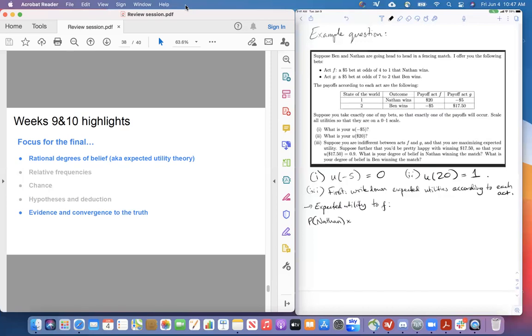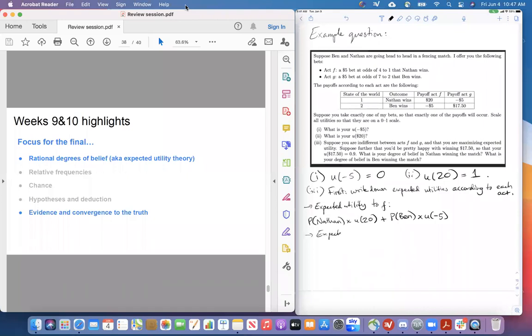That corresponds to you winning $20, so times U of 20. Plus your degree of belief in Nathan losing. That's the same thing as your degree of belief in Ben winning. Times your utility of the outcome that corresponds to you taking Act F. So you've bet on Nathan, but Ben wins. And in that case, you lose $5.